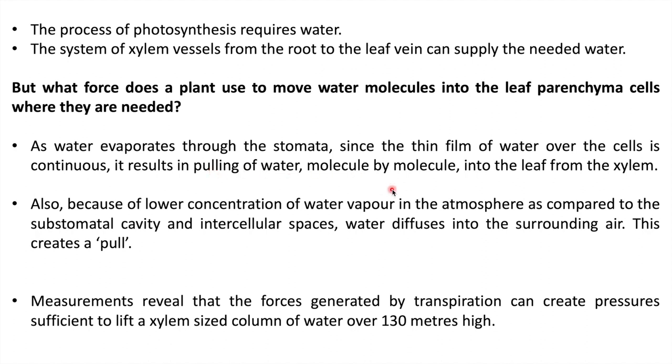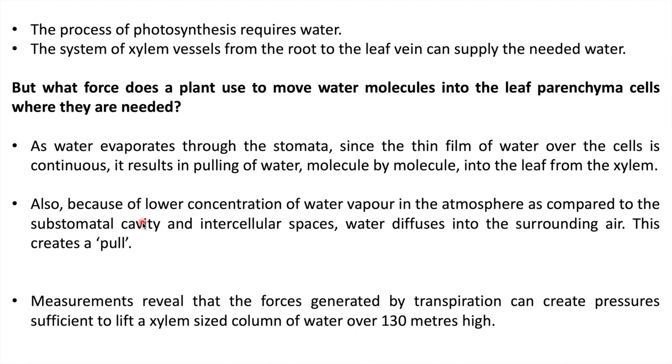So one factor is this. Another factor is the atmospheric concentration of water. The concentration of water in the atmosphere is less, but the concentration of water in the substomatal cavity or in the stomata is very high.